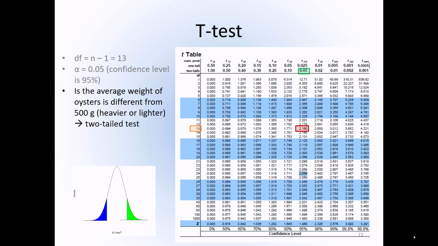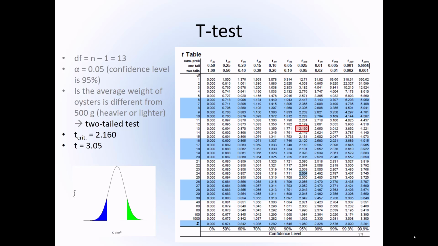So we're interested in both the left side of the curve and the right side of the curve. And so this is going to be a two-tailed test. So we find 0.05 in the two tails row. We then find where this value intersects with our degrees of freedom of 13. And this is our critical value for our t-test.